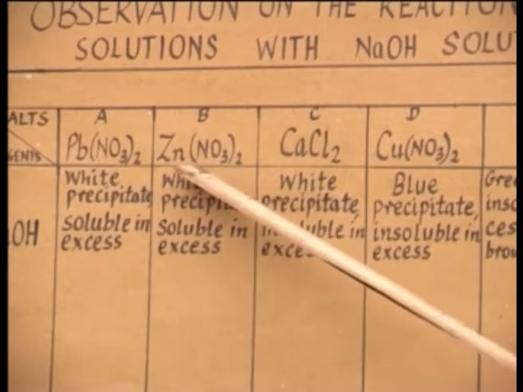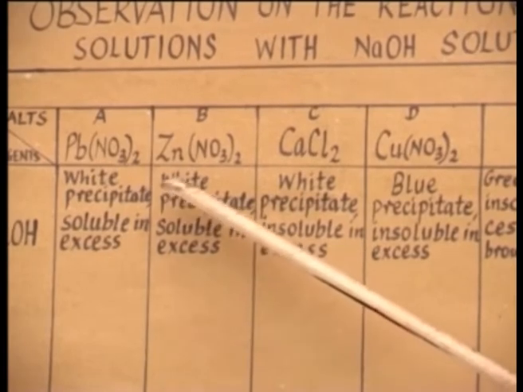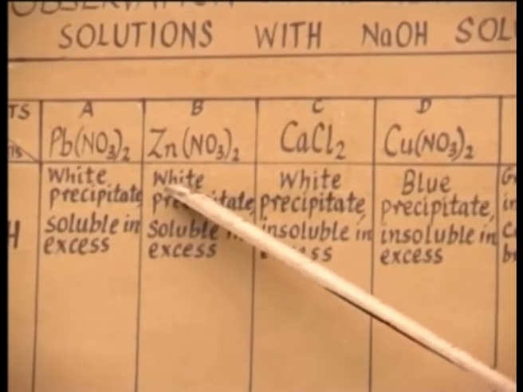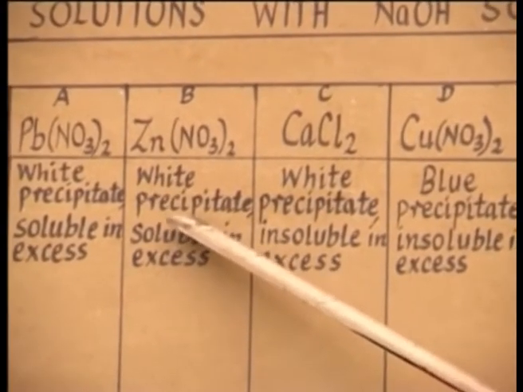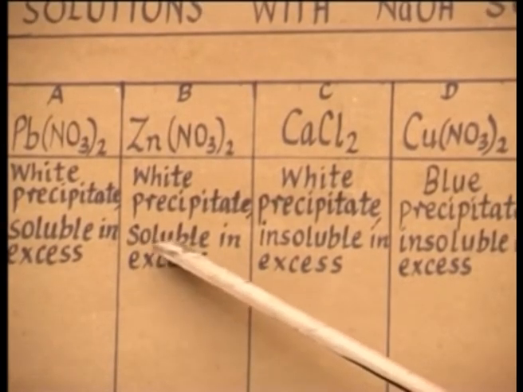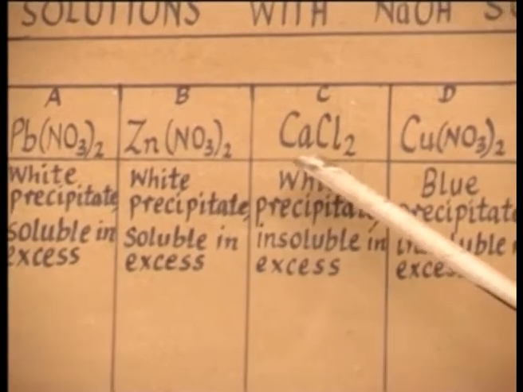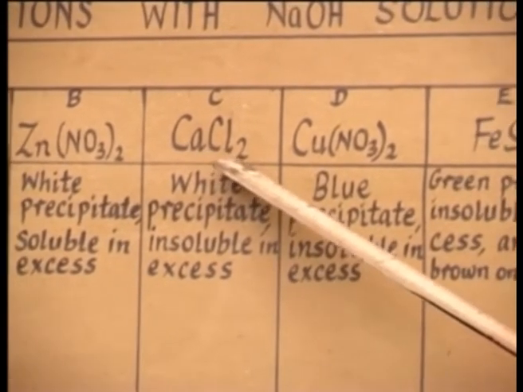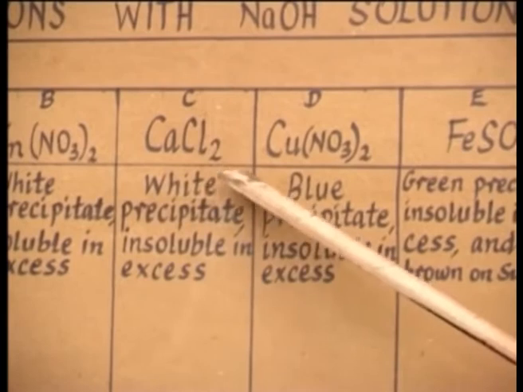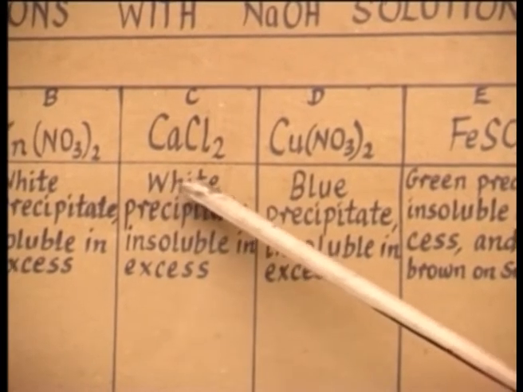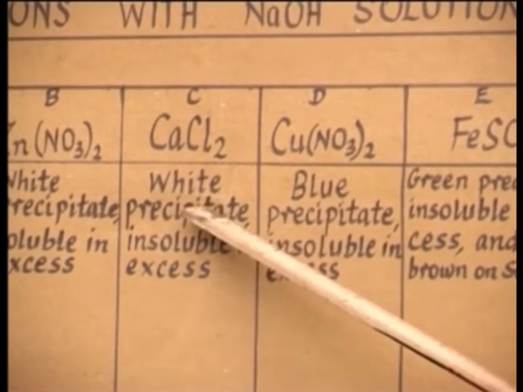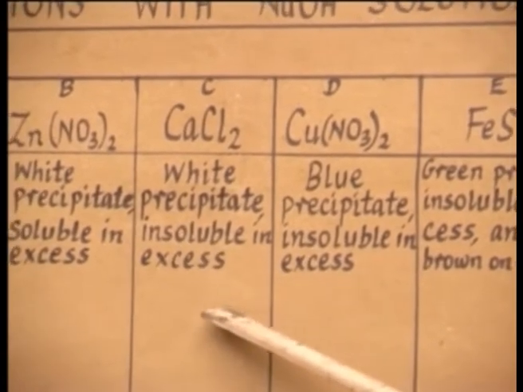For zinc nitrate, in dropwise there is a formation of white precipitate which is soluble in excess. For calcium chloride, there is a formation of white precipitate insoluble in excess.